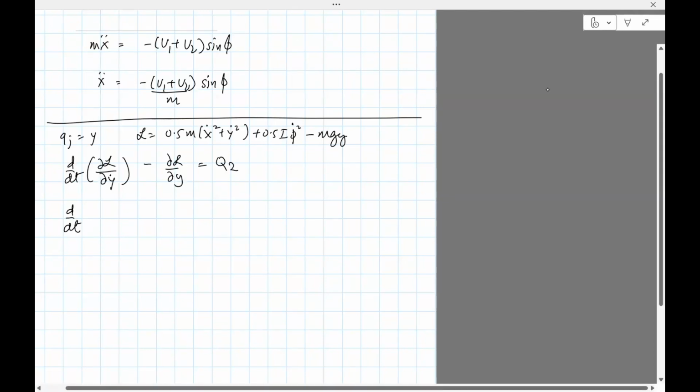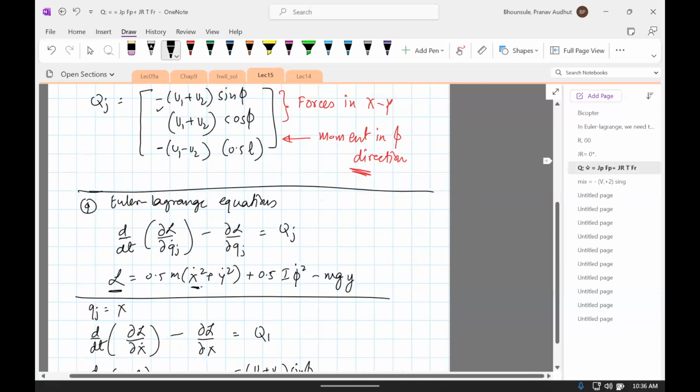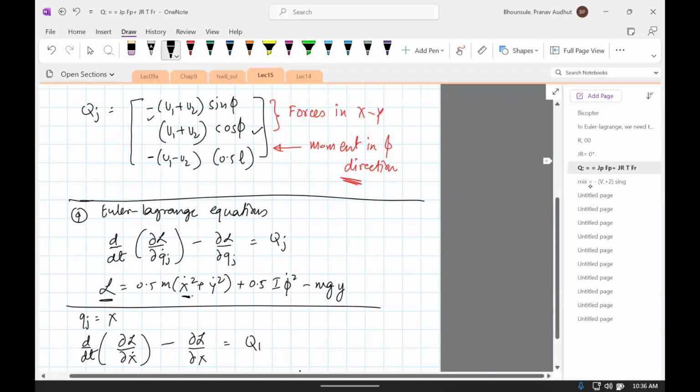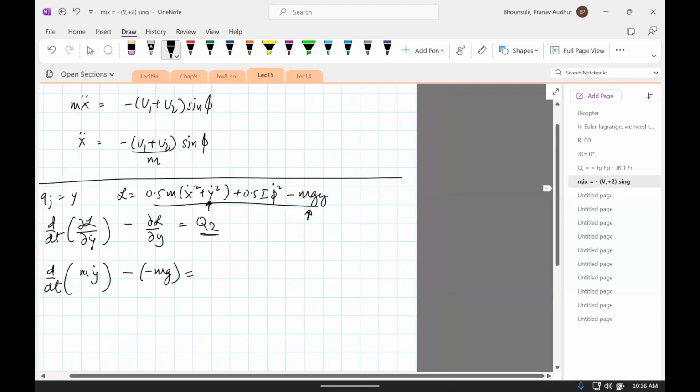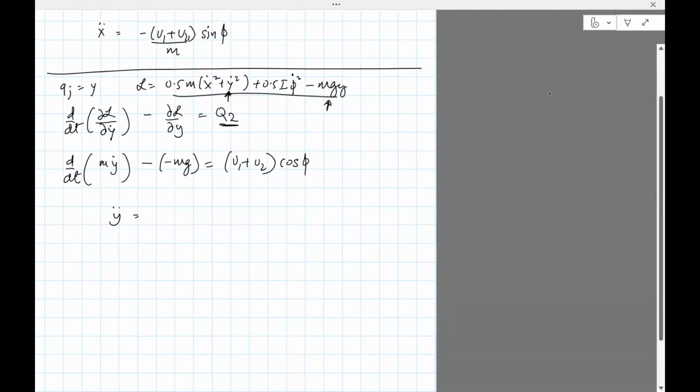We need to take the derivative with respect to y dot, and there is one term involving y dot, m y dot, minus dL/dy. There's one term here with y, so minus mg equals Q2. That Q2 will come from the second equation, (u1 plus u2) cosine phi. So that gives me the second equation, which is going to be y double dot equals (u1 plus u2) cosine phi divided by m. You're almost there.